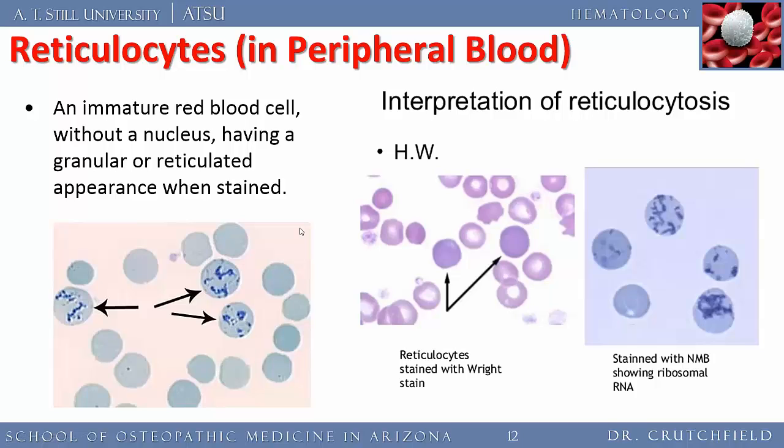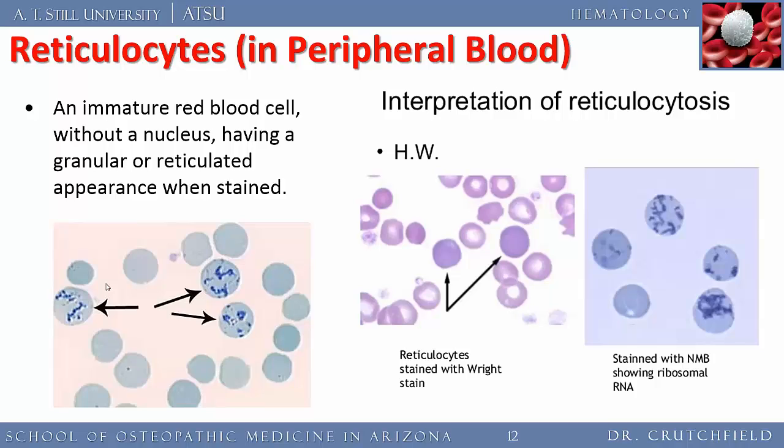So reticulocytes. Reticulocytes are basically premature or immature red blood cells that don't have a nucleus, that have a reticulated appearance when they're stained. So here we can see this reticulated appearance. It's a premature red cell, and basically this is a sign that the body is releasing red cells too early. Now, why would the body release red cells too early? Well, someone is bleeding or has chronic bleeding or chronic anemia and they can't make red cells quickly enough.